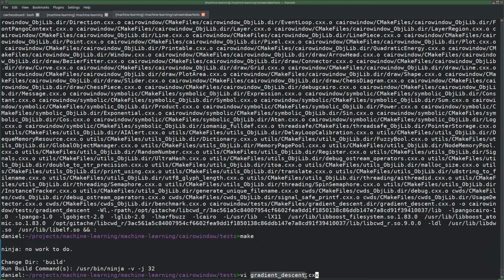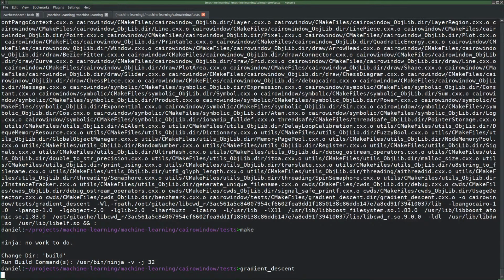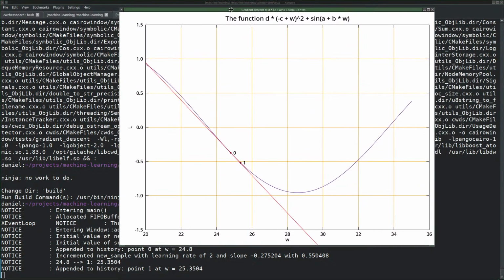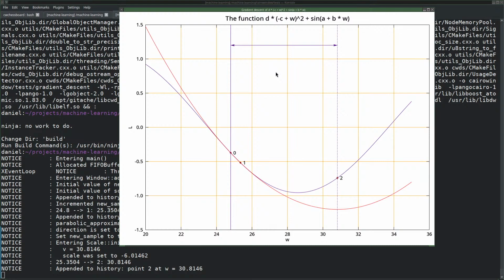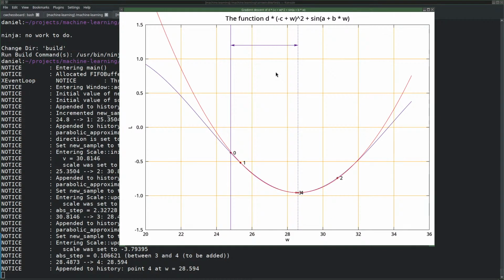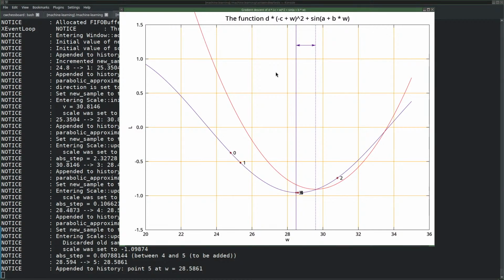Yeah, I need to run this one. This looks wrong because the previous, I'm not showing the previous parabola anymore.